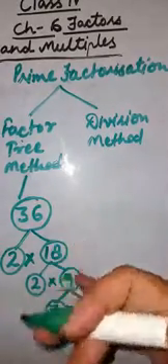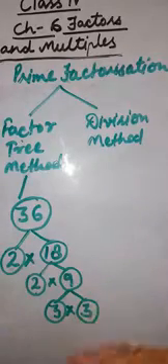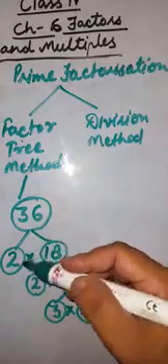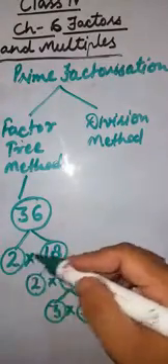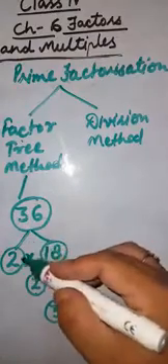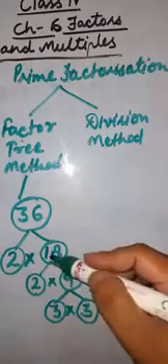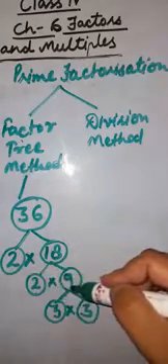Here all our composite numbers have to be broken down into prime numbers, right? So here 36 we just divided by 2, so we get 18, right? We divided 36 by 2 exactly, we have 18. Now 18 divided by 2 we have 9.